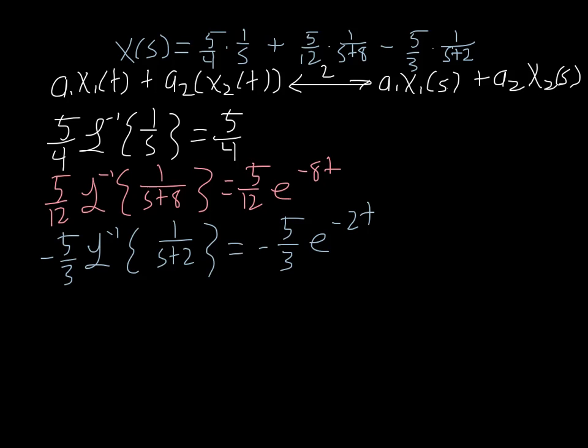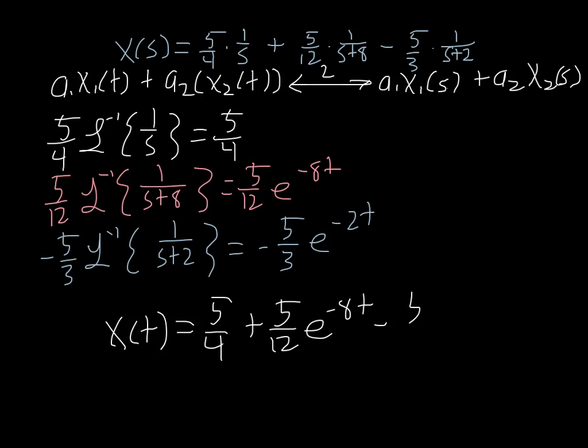To express the answer, X of t, which is what we originally wanted, is equal to the sum of each of these 3 terms. So X of t is 5/4 plus 5/12 e to the minus 8t minus 5/3 e to the minus 2t. And there's your answer.